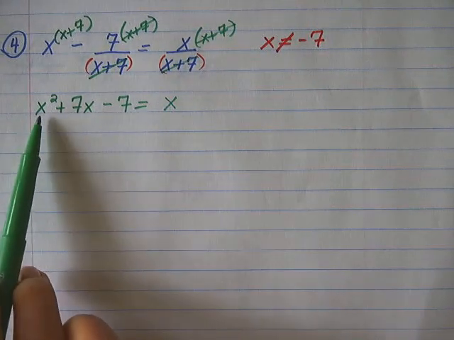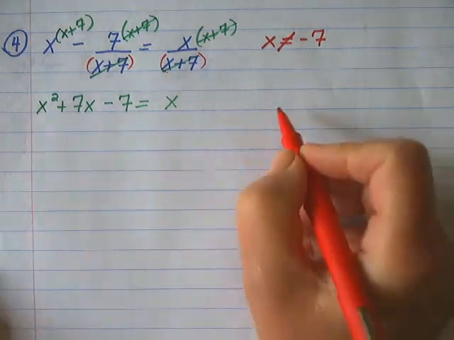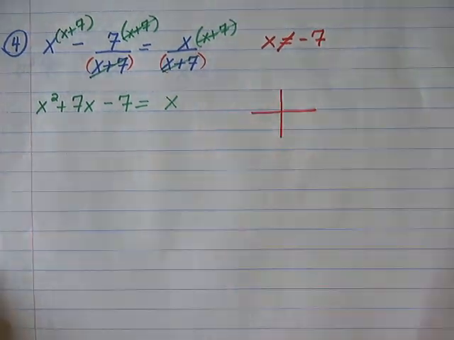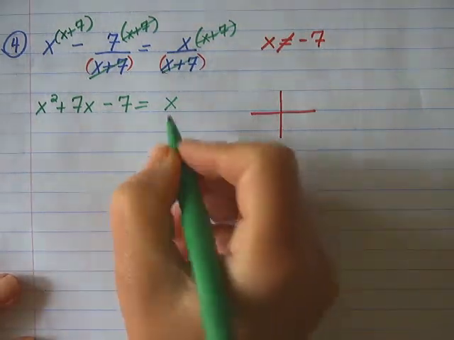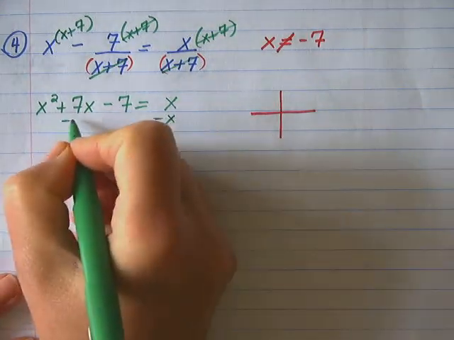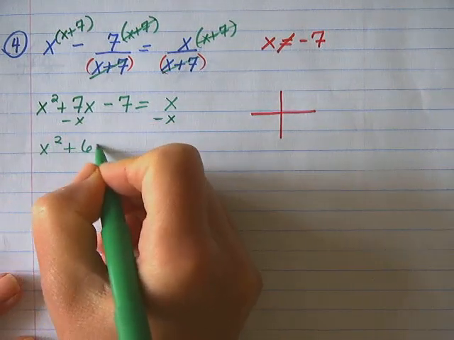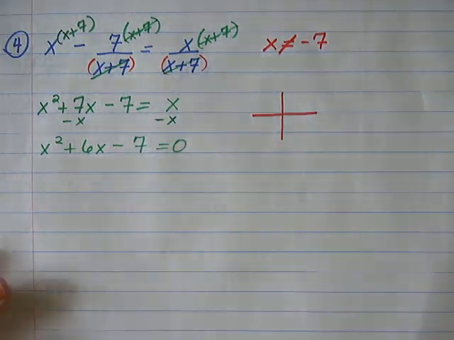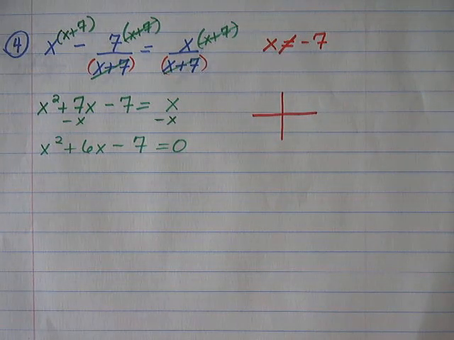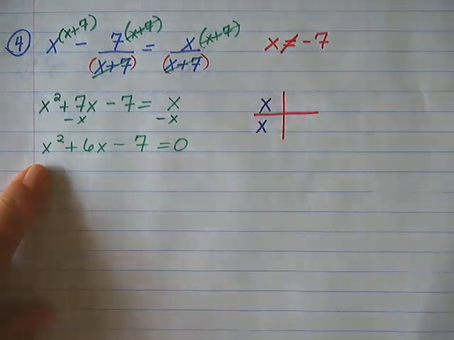Because I have an x squared, that lets me know I'm going to have to factor. So I need to set it equal to 0 because that's what we did to factor. If I subtract x from both sides, I get x squared plus 6x minus 7 equals 0. Okay, I'm going to go over here and factor. What times what gives me x squared? X times x.